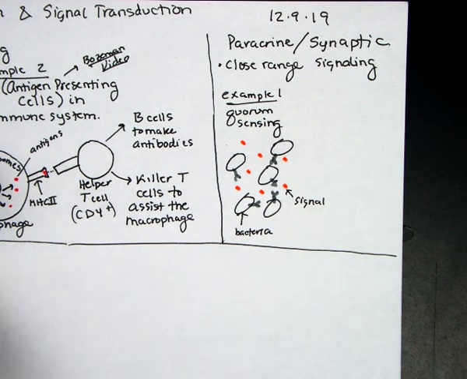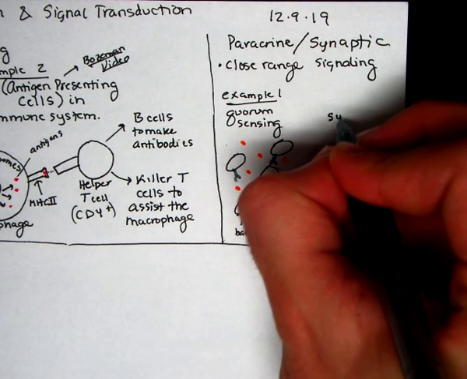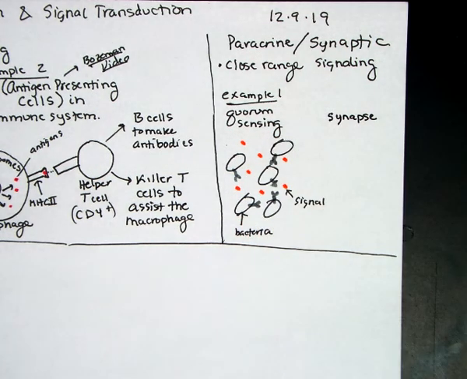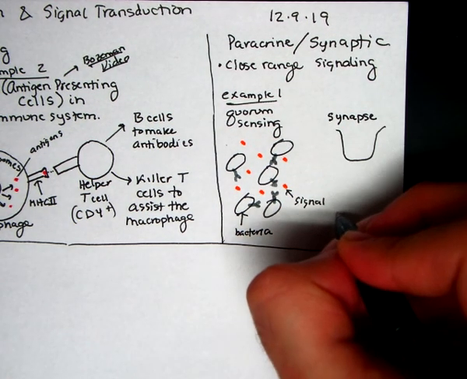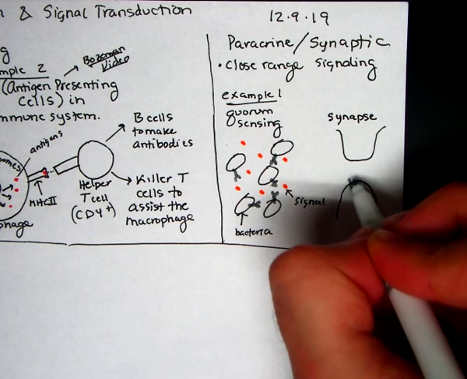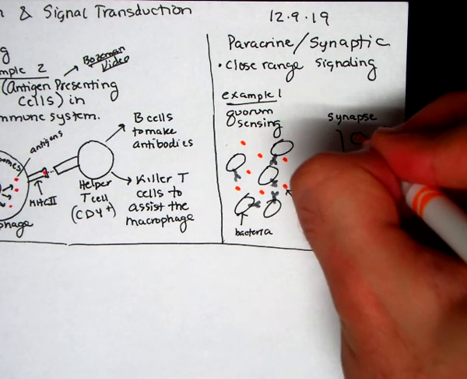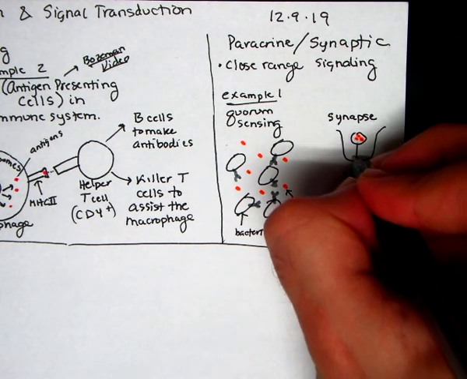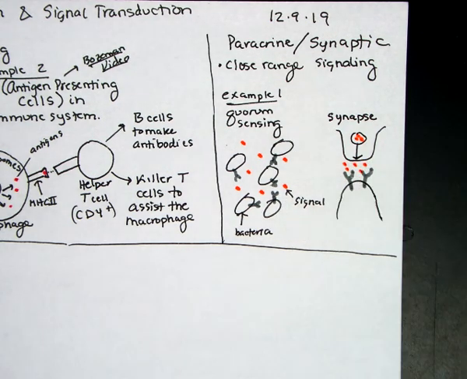The other example, as the name implies, is something called a synapse. All right, this is the gap between neurons. So if you have neuron 1 and neuron 2, you'll have some receptors that bind to these neurotransmitters released from neuron 1.